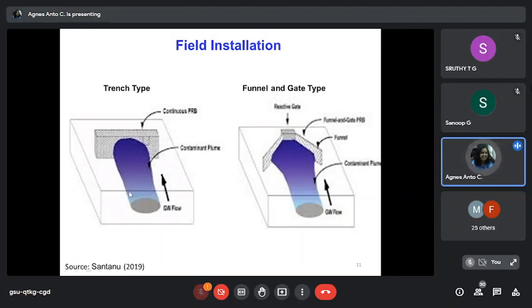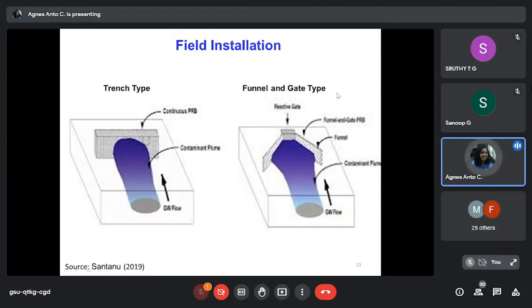At the same time, it is biodegradable, so with time it decomposes, and only the reactive material will remain in the trench. So once you dig a trench, you can fill it in as a slurry. This is constructed in the path of the groundwater flow.